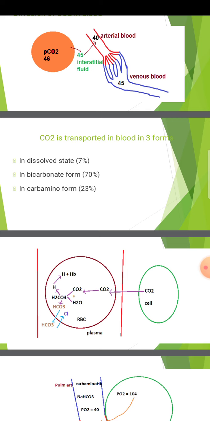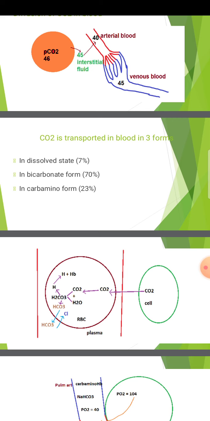The venous blood contains 52 ml of CO2 when the PCO2 is 45 millimeter mercury, while the arterial blood contains 48 ml of CO2 when the PCO2 is 40 millimeter mercury. So if you subtract 52 minus 48, this comes out to be 4 ml.